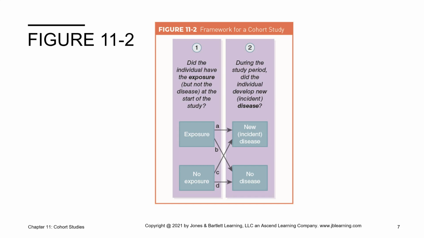From there, the people who are exposed could develop an incident case. But they could also be exposed but have no disease. They could not be exposed, but they could still get the disease, or they could not be exposed and not have the disease. So you have those four different options here that work really nicely in a 2x2 contingency table.